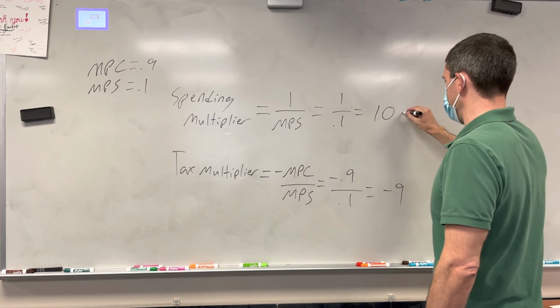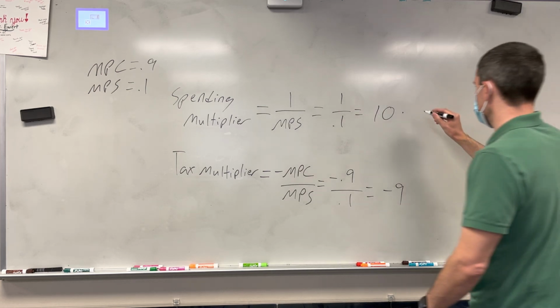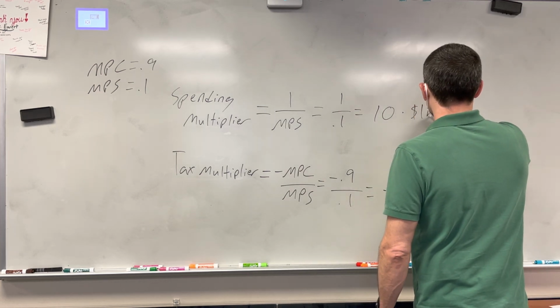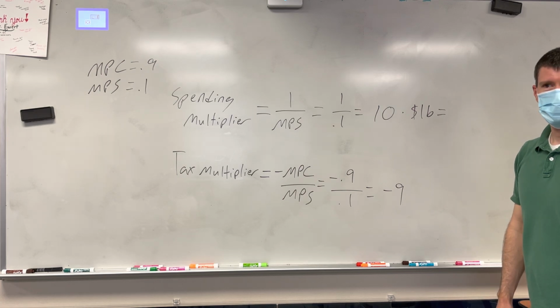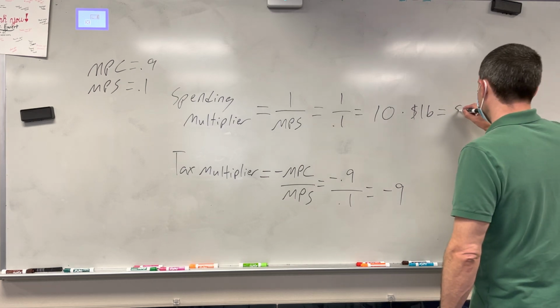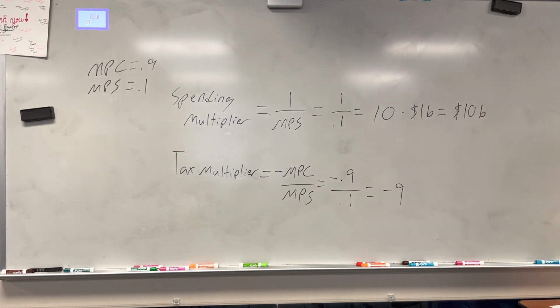We multiply that by the change in spending, which was $1 billion. 10 times 1 is $10 billion. So the overall change in aggregate demand, GDP, was $10 billion.